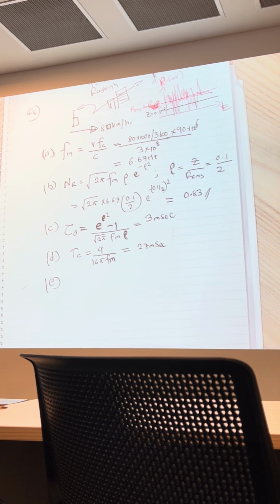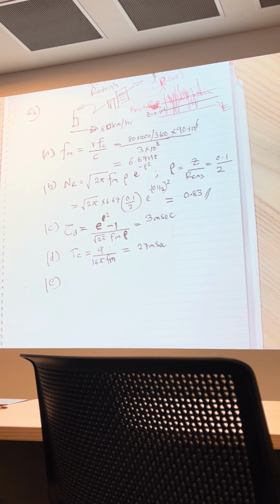How we make that classification is by comparing to the symbol duration. We transmit symbol by symbol, right? A symbol consists of multiple bits, right? Depending on how long the symbol is, we compare the coherence time to the symbol, and then we classify it as a fast fading channel or a slow fading channel.